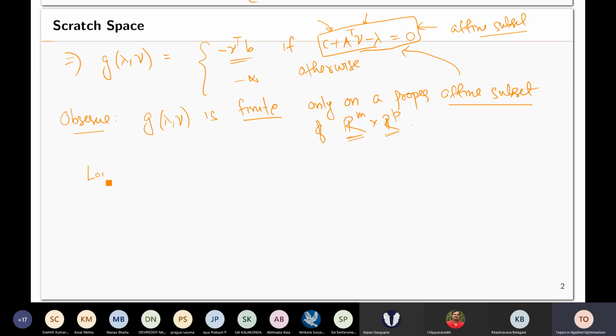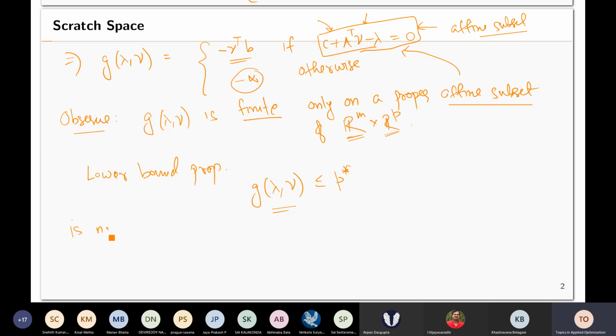Now the lower bound property. The lower bound property was just g(lambda, nu) must be less than or equal to p star. The trivial case is when it's minus infinity, since minus infinity is less than or equal to anything.